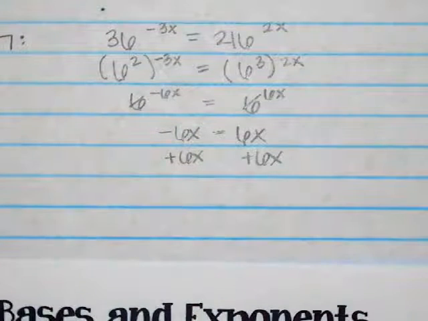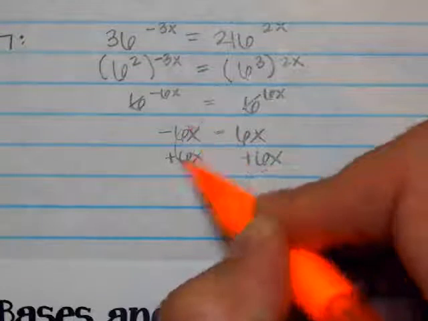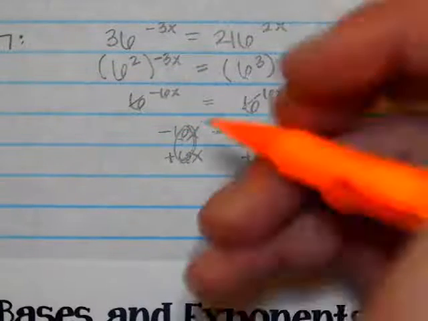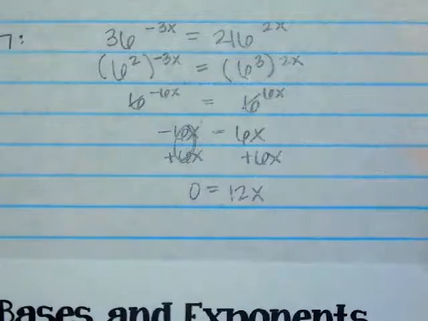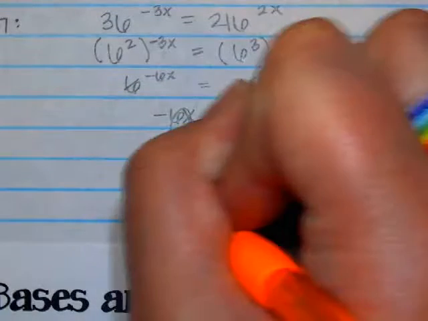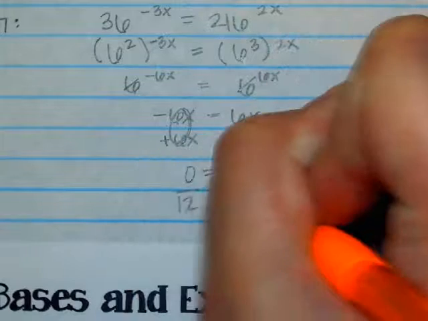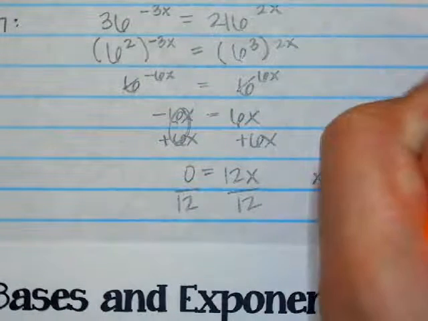And so this side is going to 0 out, and that side's going to be 12. So we've got 0 equals 12x. And then how am I going to keep the x alone? Divided by 12. And 0 divided by 12 is 0. So x equals 0.